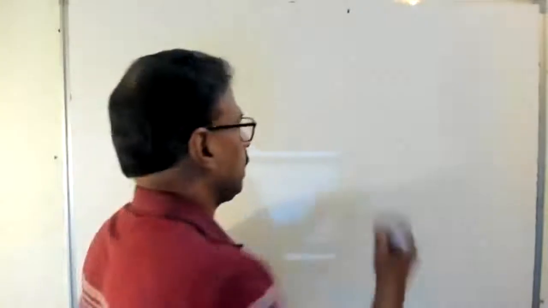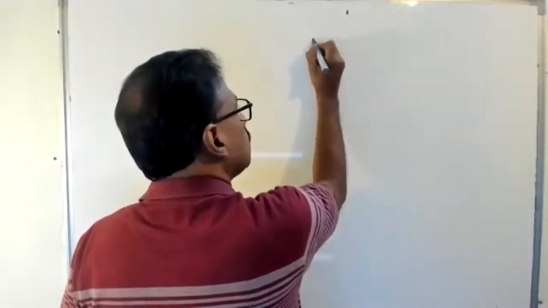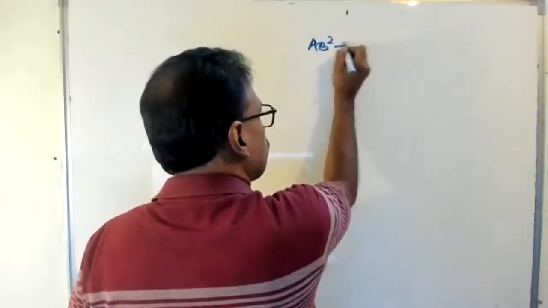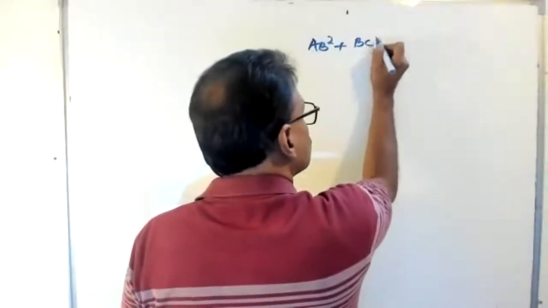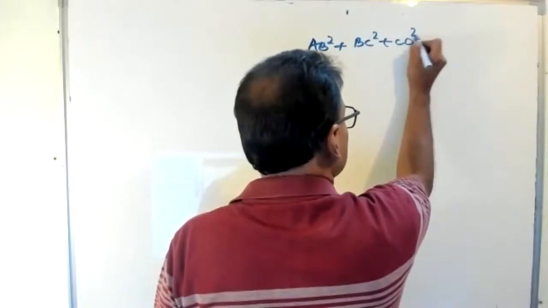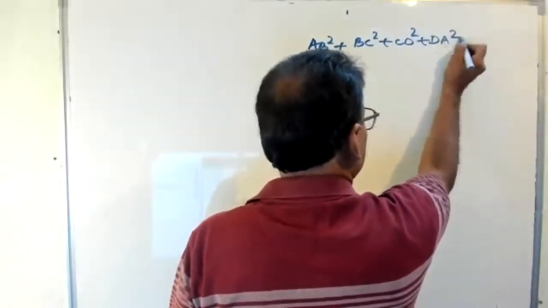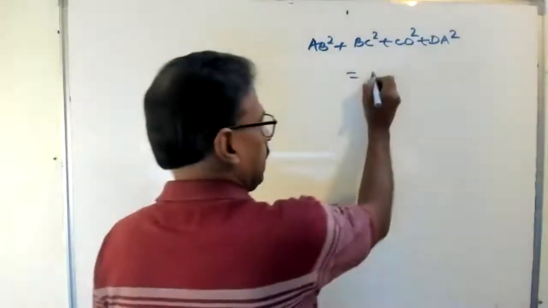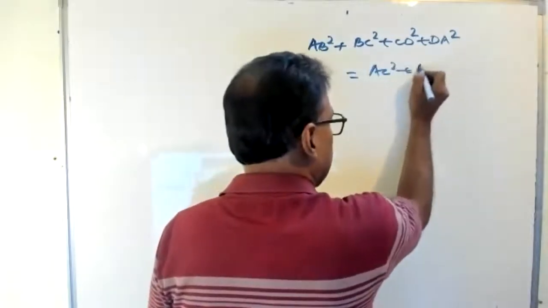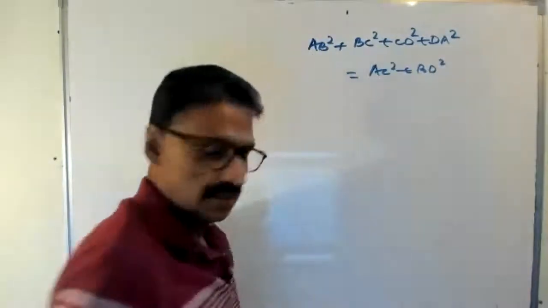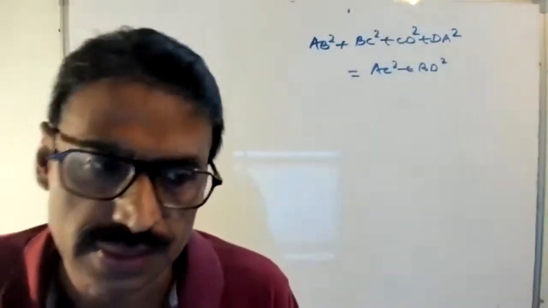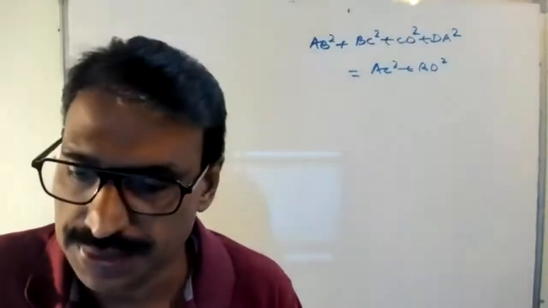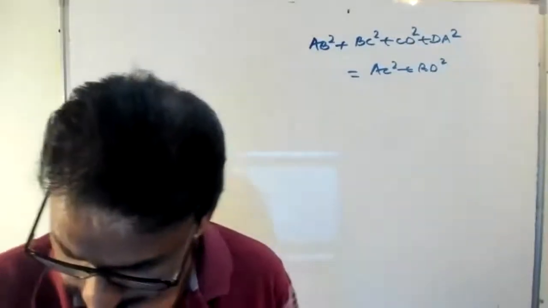Prove that AB square plus BC square plus CD square plus DA square equal to AC square plus BD square. That means in a rhombus, prove that sum of the squares of the sides is equal to sum of the square of the diagonals.